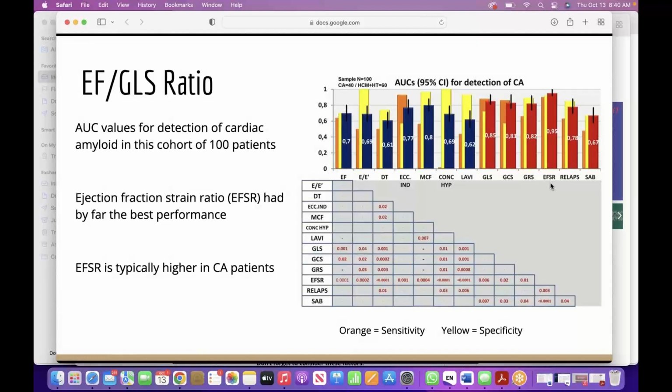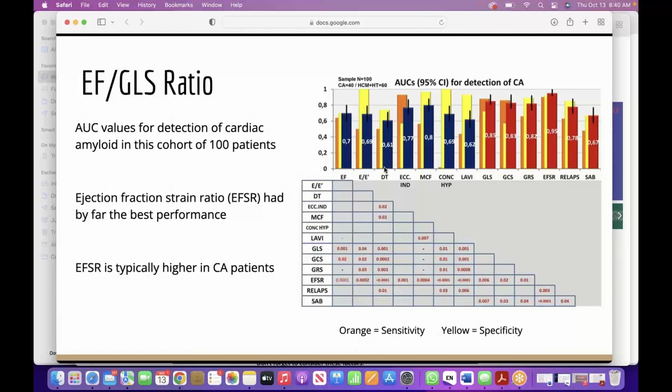When looking at the area under the operating curve, the result was 0.95 for this EF-SR ratio, much better than 0.85 for GLS, and 0.7 for ejection fraction and 0.69 for tissue Doppler indices.